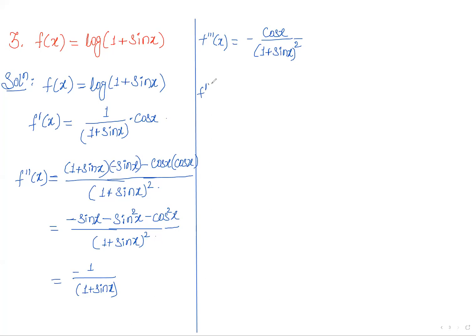Go for the next derivative. The fourth derivative of the given function is equal to 1 plus sin x bracket square into the derivative of cos x, that is minus sin x, minus cos x.